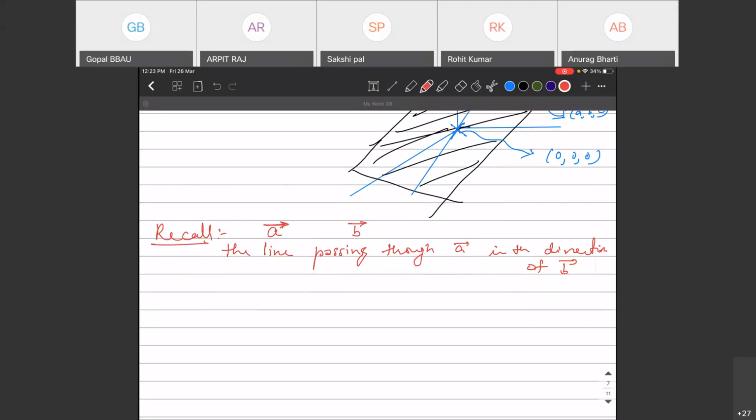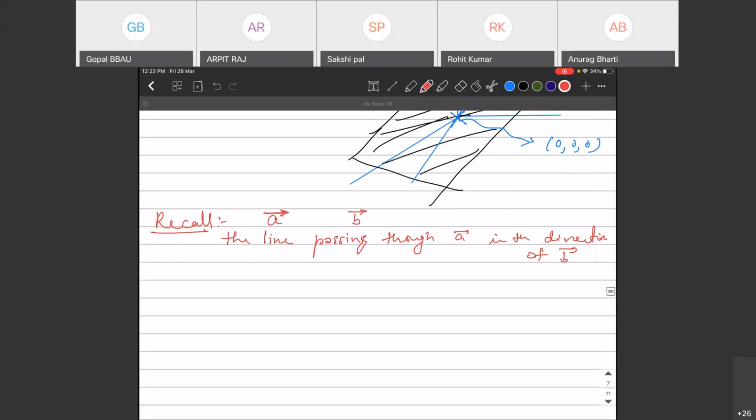Okay, if you forget, let's recall it. The equation of this line will be vector A plus n times vector B, where n is... what is n?